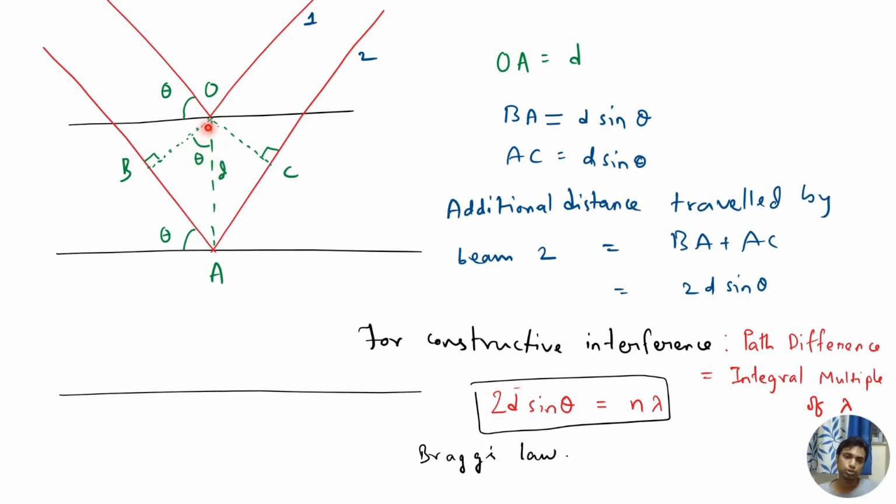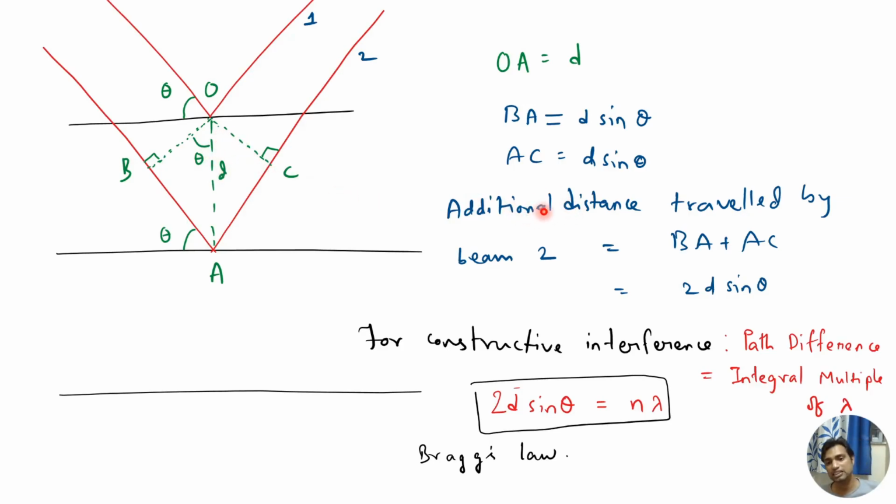Okay, so now we have a right triangle here. AOB is a right triangle with the right angle at B, and this is the hypotenuse. So the extra distance BA will be nothing but d sine theta. I hope this point is clear. Similarly, AC will also have a magnitude of d sine theta, because this angle is theta.